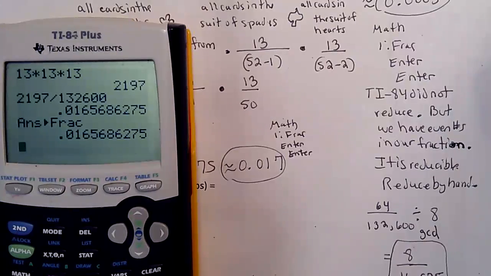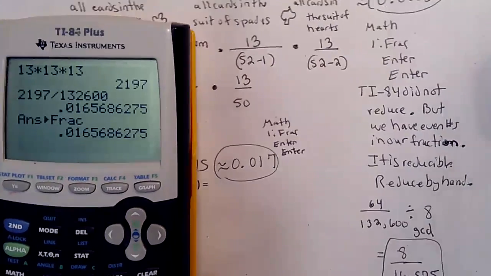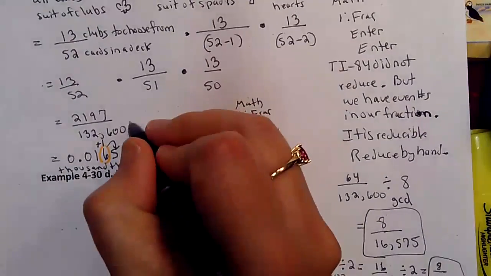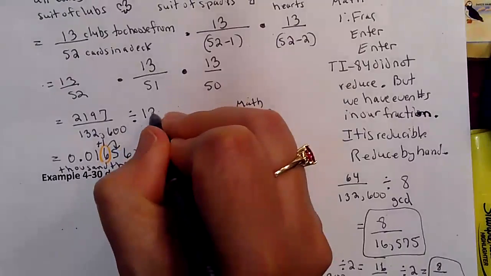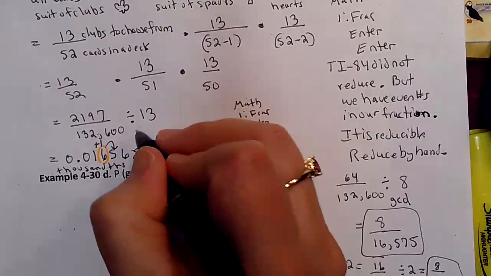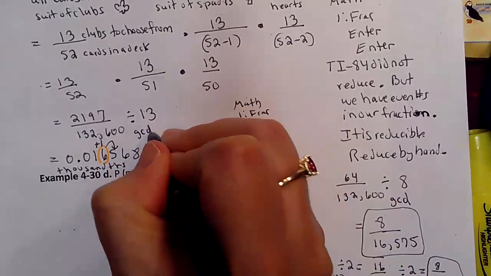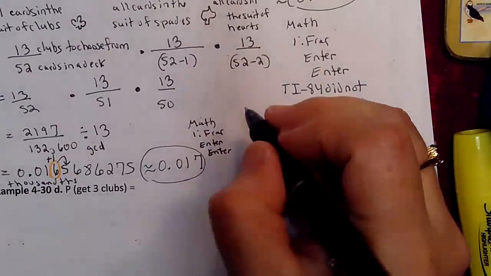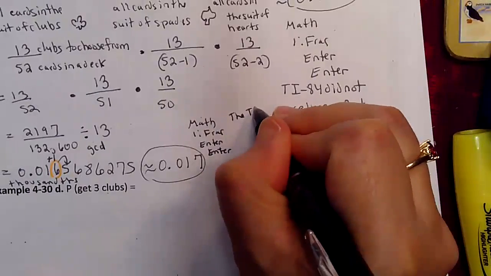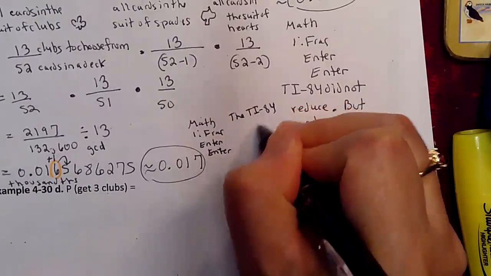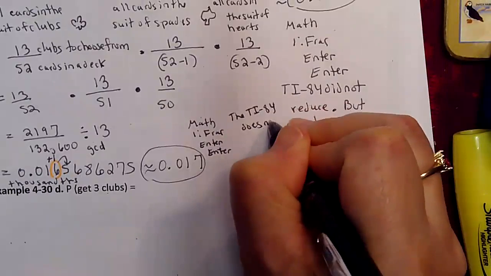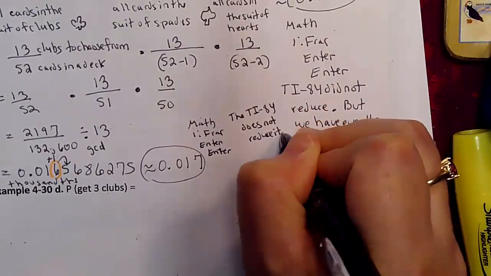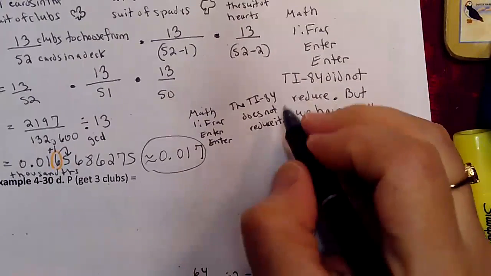Okay, but that can be reduced. I played with it on my own, and it is reducible by 13. 13 is the greatest common divisor. So let me show you that. The TI-84 does not reduce it, but it is reducible.